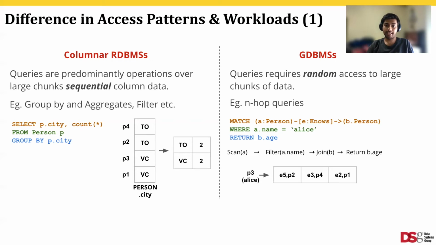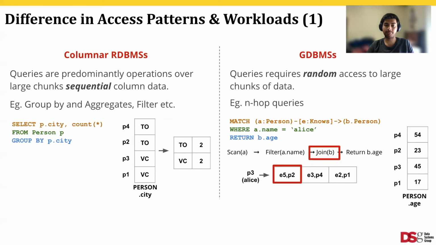Suppose we have filtered Alice, then the join operator reads the first element from Alice's forward adjacency list, then reads the age property. This happens for other values too in the adjacency list. Hence, as we can see here, reading properties is random.